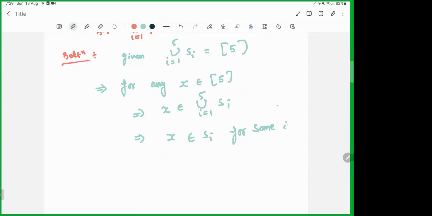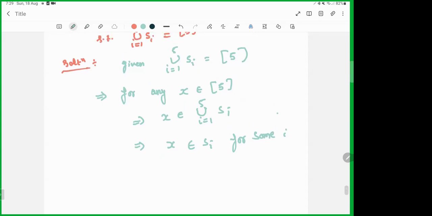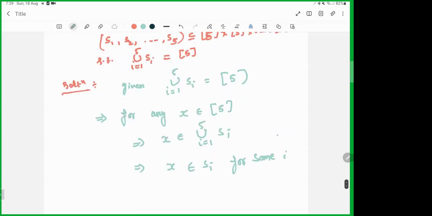I feel this hint should be sufficient to answer this question. So any element should be in some Si.